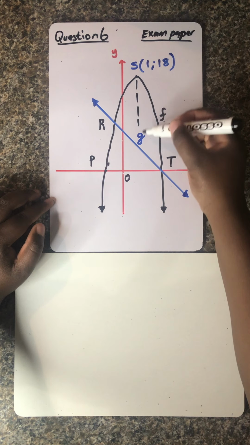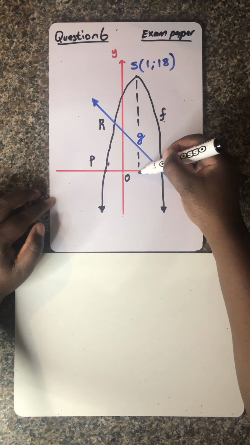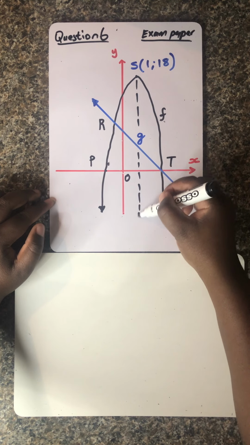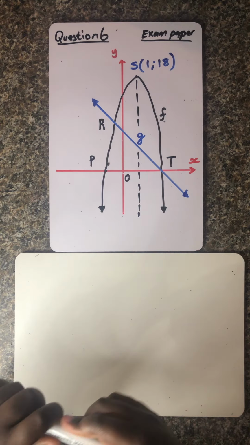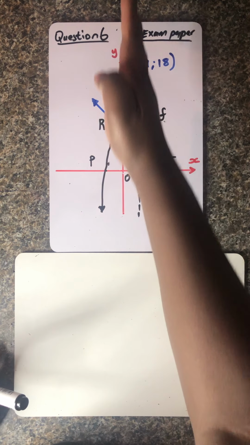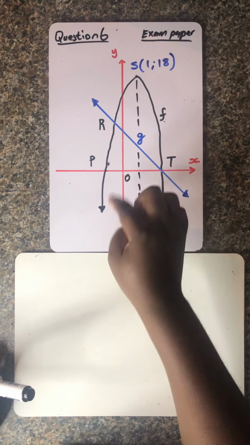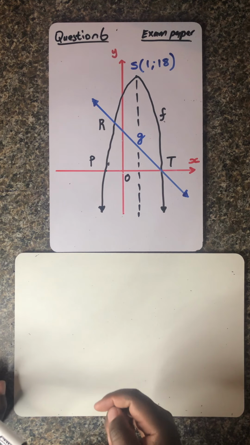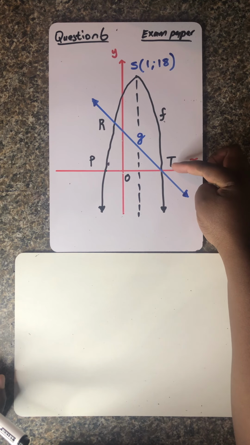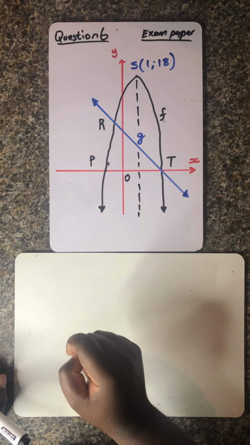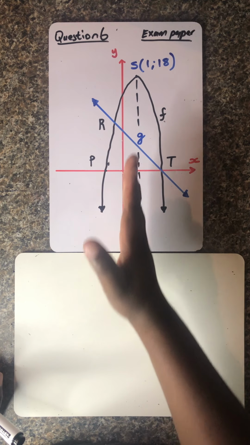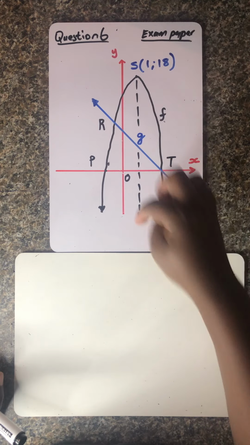This line, I think, is known as the axis of symmetry. It's a line that cuts that graph in half. So that means that point T and that point over there are halfway along that axis of symmetry.